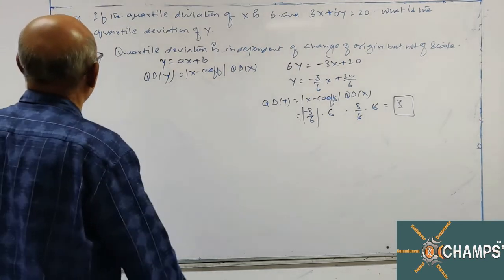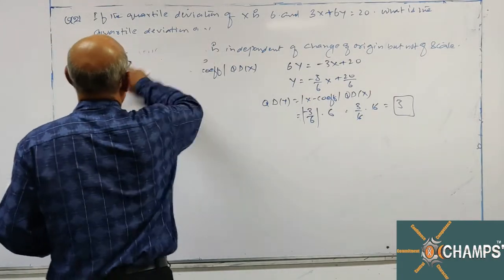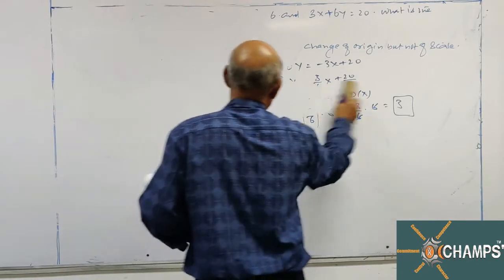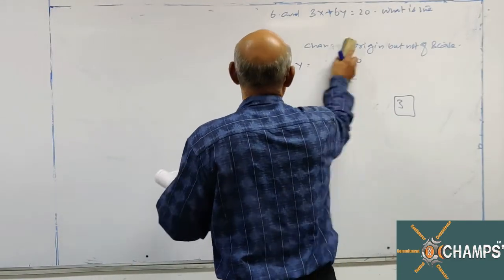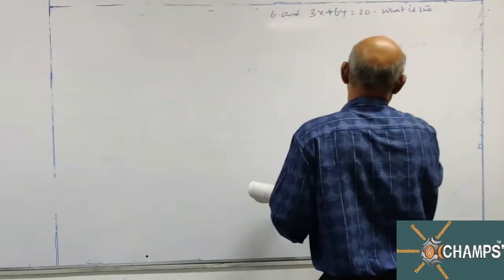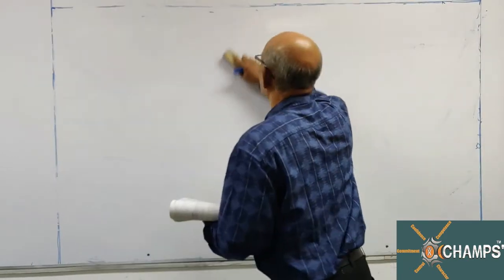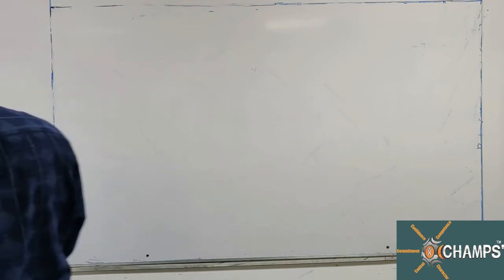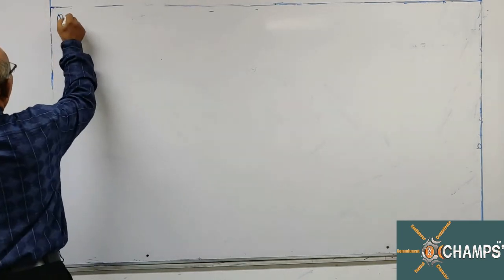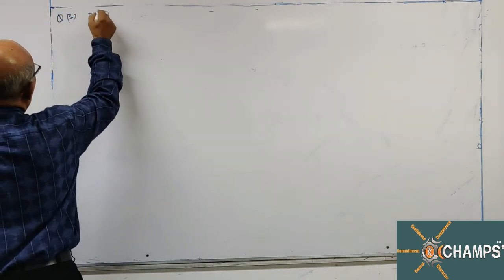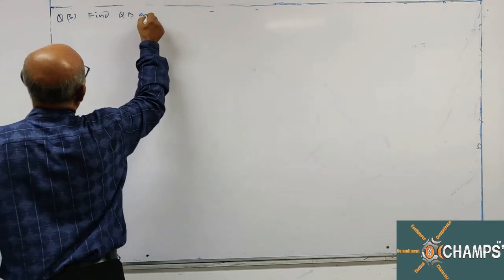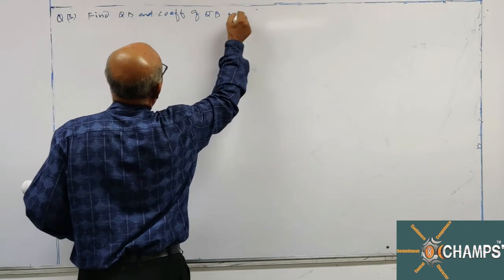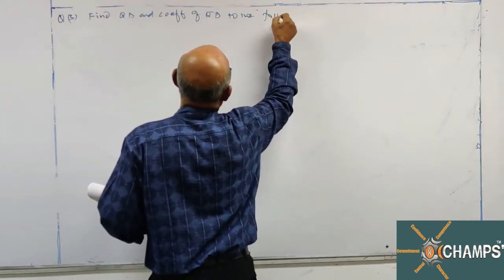Let's see one more question for quartile deviation for a discrete series. Question number 3. Find QD and the coefficient of QD for the following data.